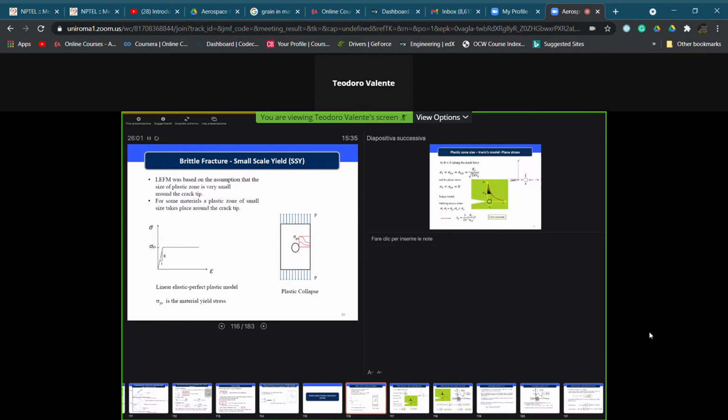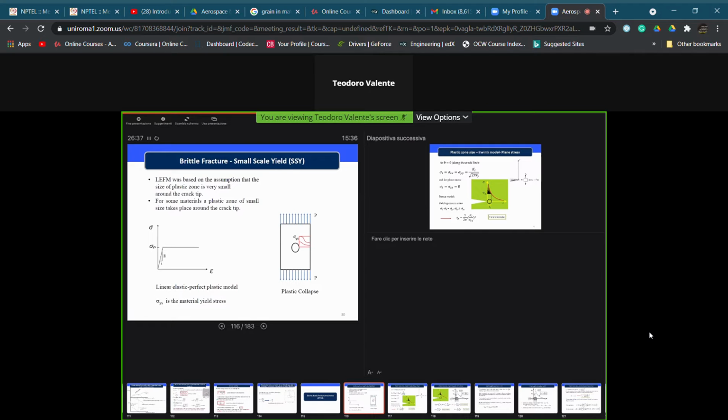Let me say that this approach can be considered valid when we have, as it is written here, small scale yield. That is, when we can make our hypothesis that yielding is essentially concentrated at the crack tip and not all the specimen, as stress values inside are approaching or higher than the yield strength of the material itself.